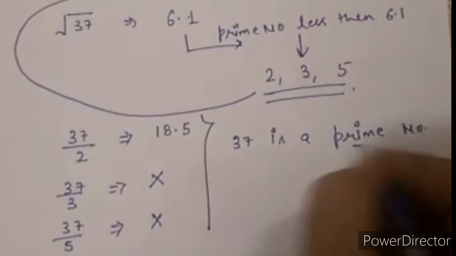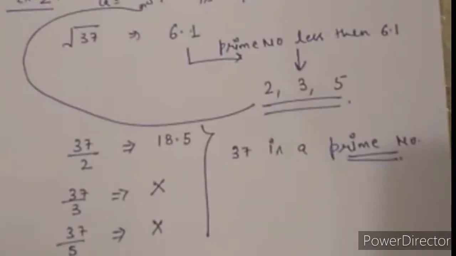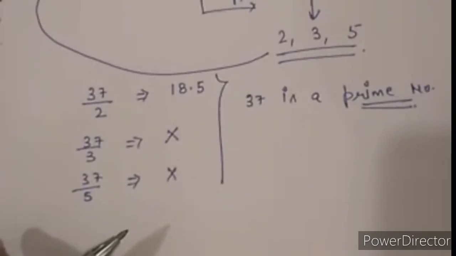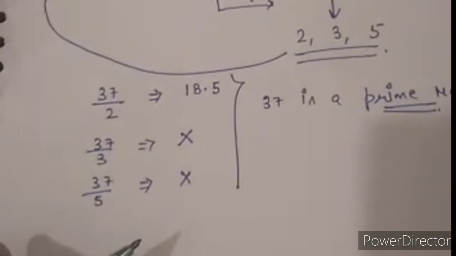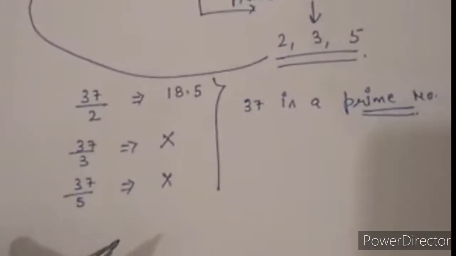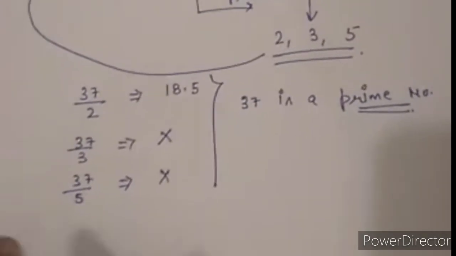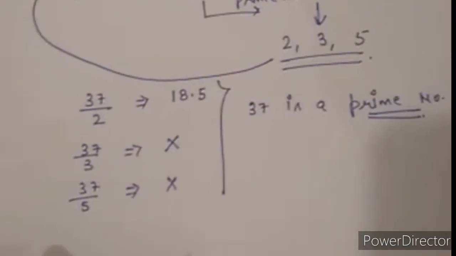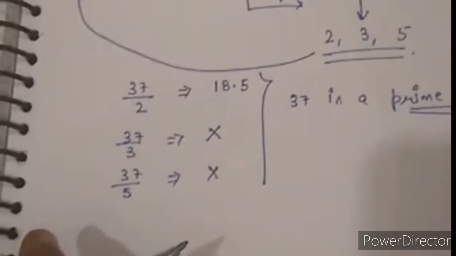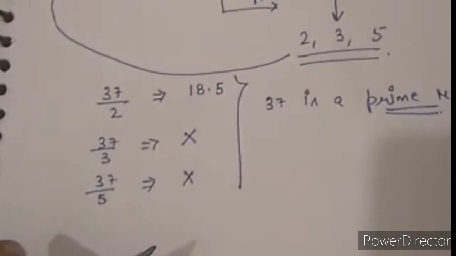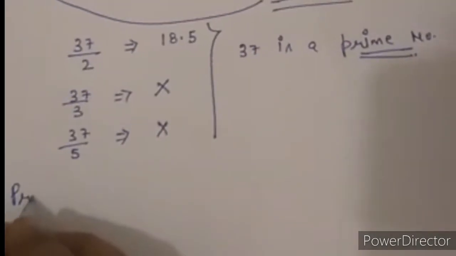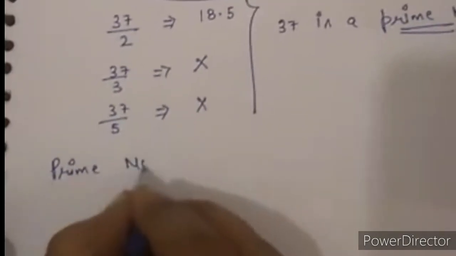So students, this is the method by which you can easily calculate whether a given number is a prime number or not. Why am I talking about prime numbers in the very first video? Since prime numbers are going to play a very important role in finding the LCM, least common multiple, and HCF, highest common factor, which we will discuss in our next video.